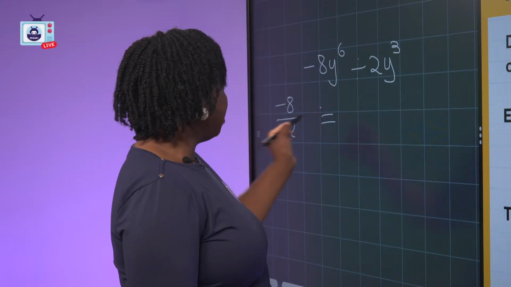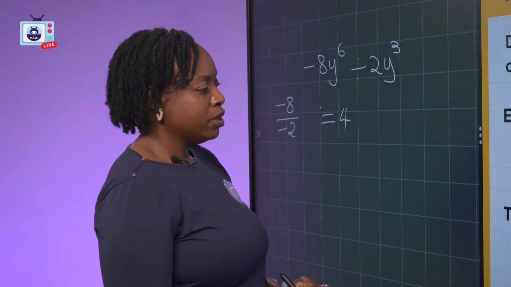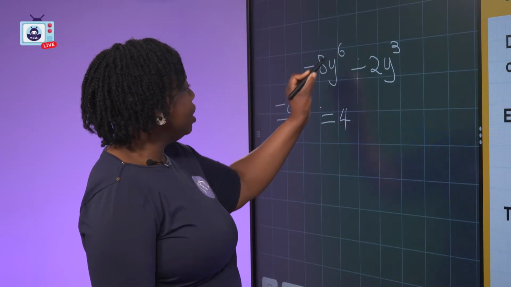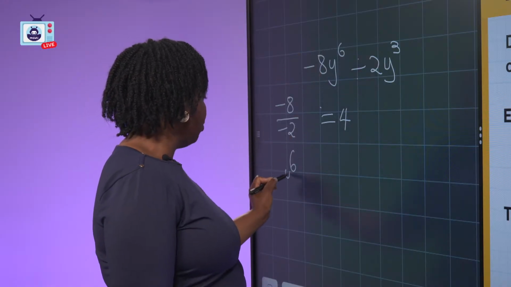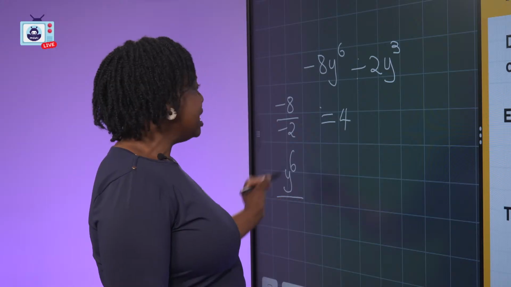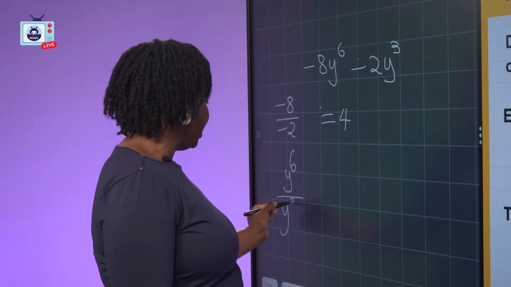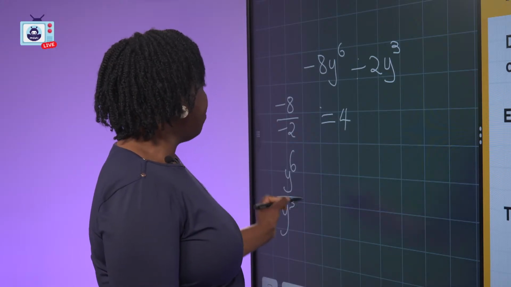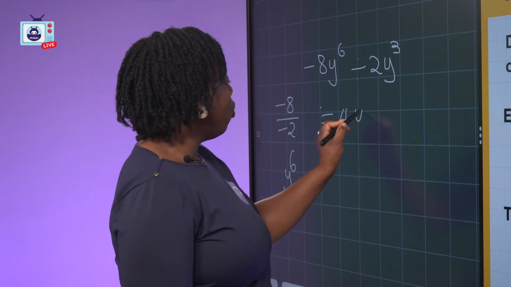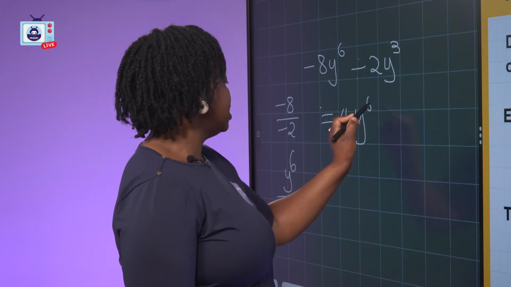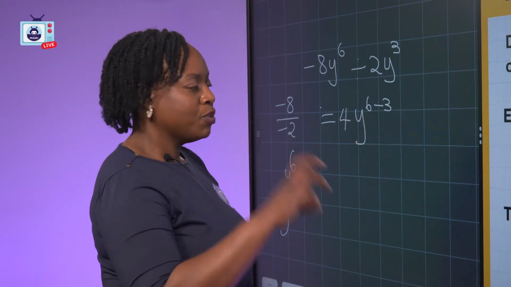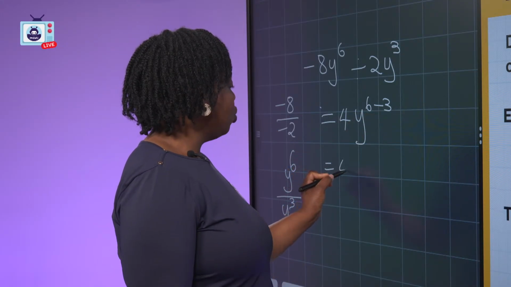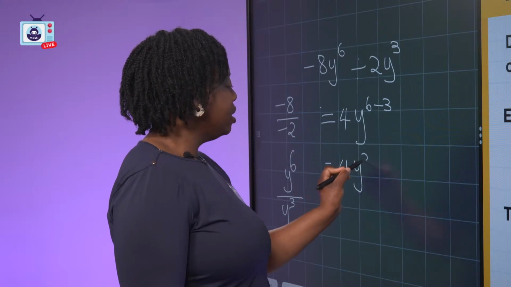And 8 divided by 2 is 4, right? Again, when I deal with my y to the exponent 6 divided by y to the exponent 3, I'm going to have my y, but I'll have 6 minus 3 because I need to subtract my exponent. Then that will be 4y squared.